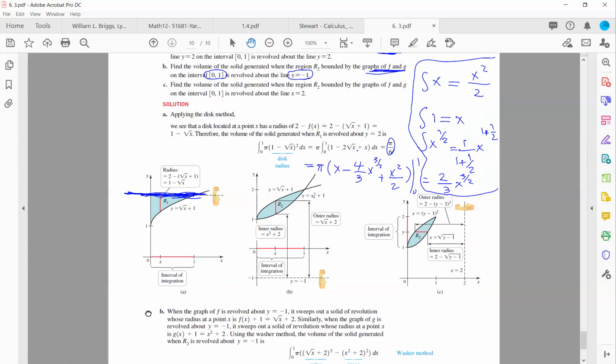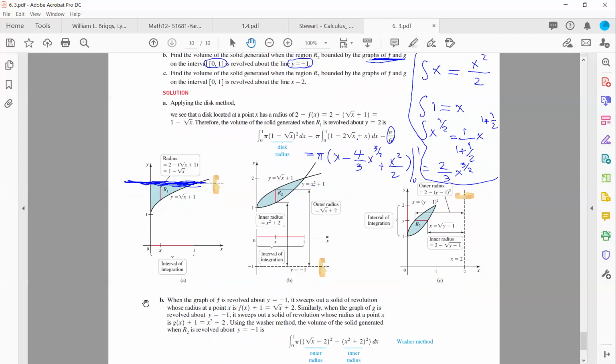Very well. First of all, we have to use the washer method because we have two functions. And we have to make a little bit of change here because our y is equal to -1.